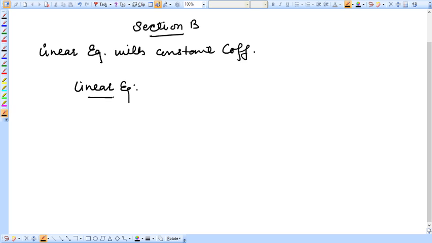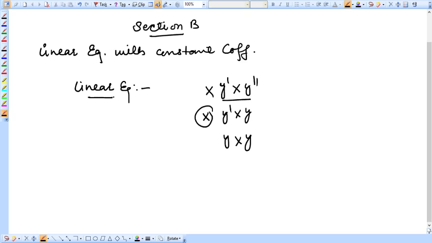Or alternatively, we can say, if a derivative is not getting multiplied with a derivative, and a derivative is not getting multiplied with the independent variable, and the independent variable is not getting multiplied with itself, if none of these three things are happening, then we call this equation a linear equation, right?